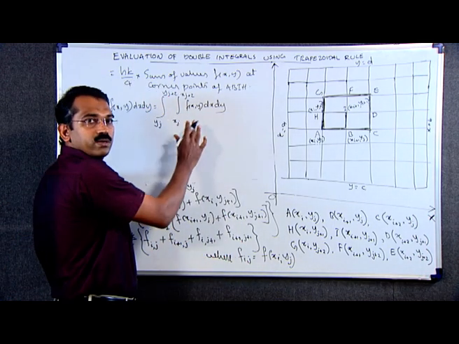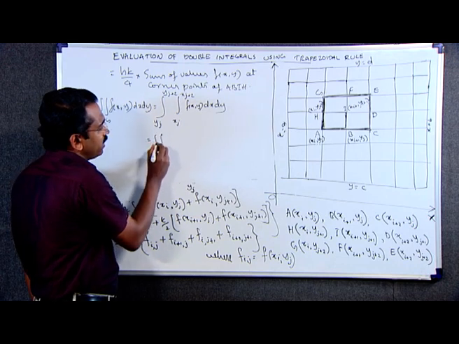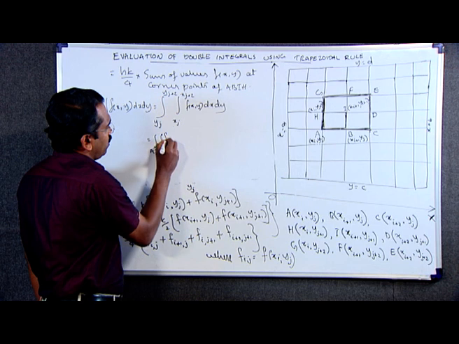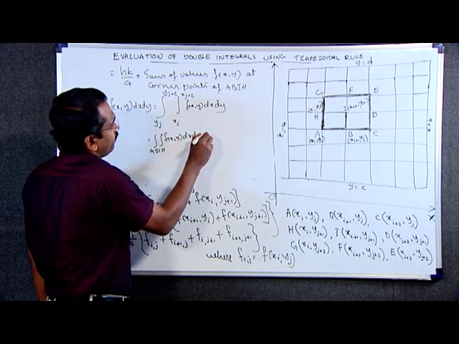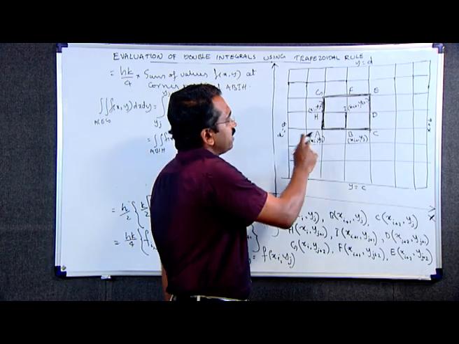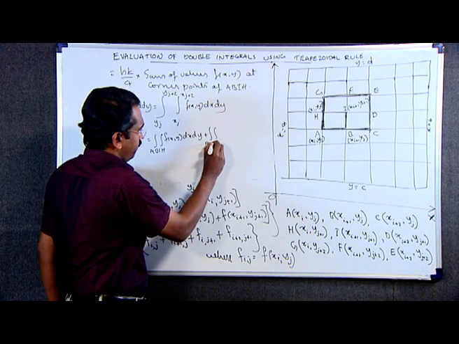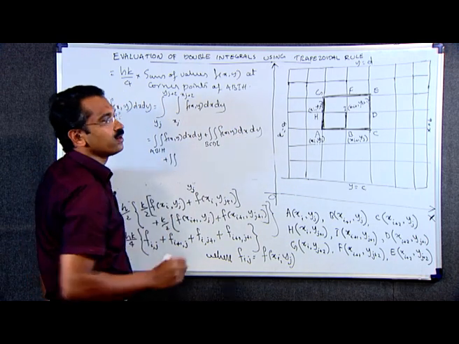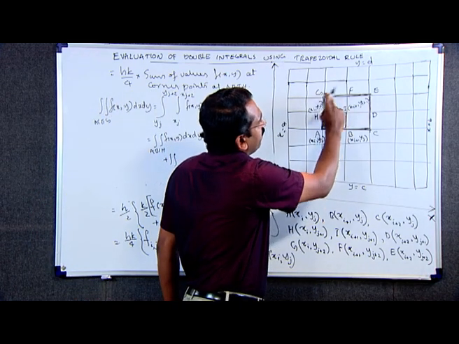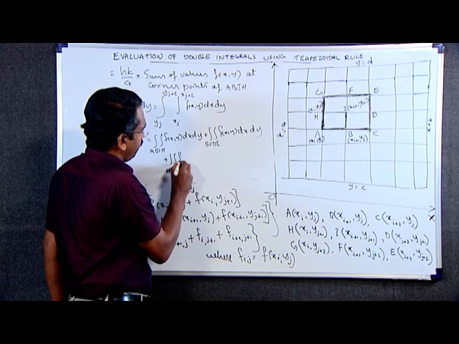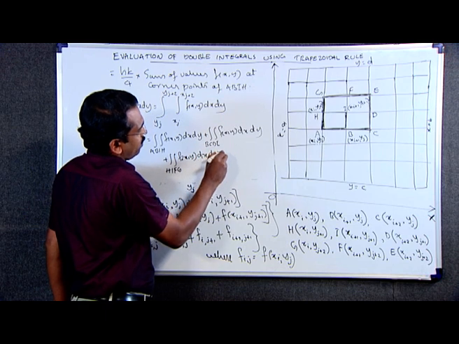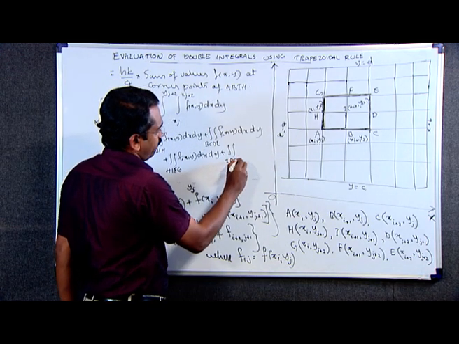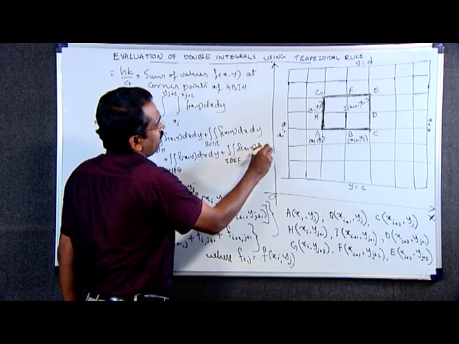This can be written as the double integral over this rectangle ABIH of f of x comma y dx dy plus the double integral over the rectangle BCDI of f of x comma y dx dy plus the double integral over this rectangle HIFG of f of x y dx dy plus the double integral over this rectangle IDEF of f of x comma y dx dy.